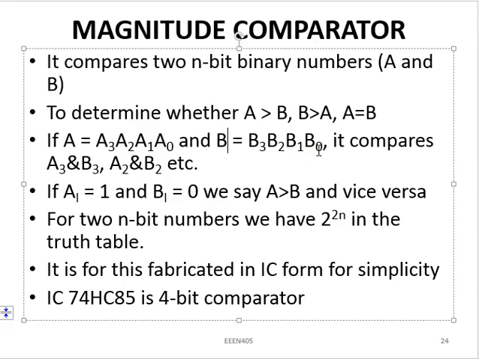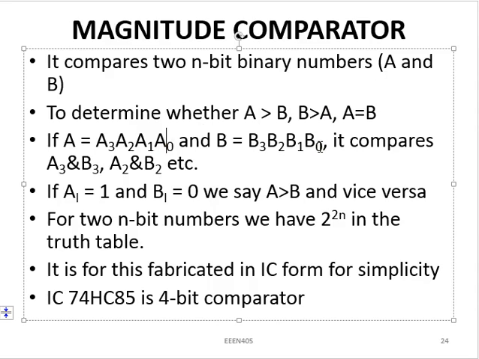The next thing I will do is to start the comparison, with respect to the level of significance. I will compare A3 with B3, then compare A2 with B2, then A1 with B1, lastly A0 with B0.